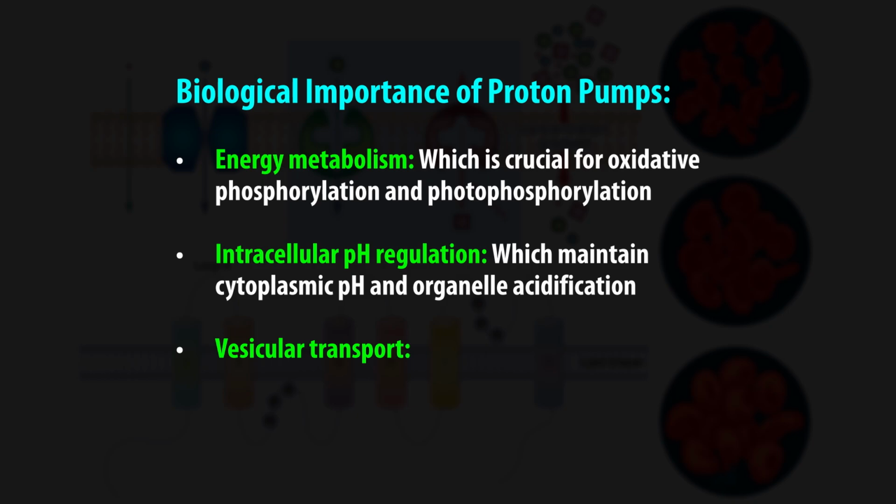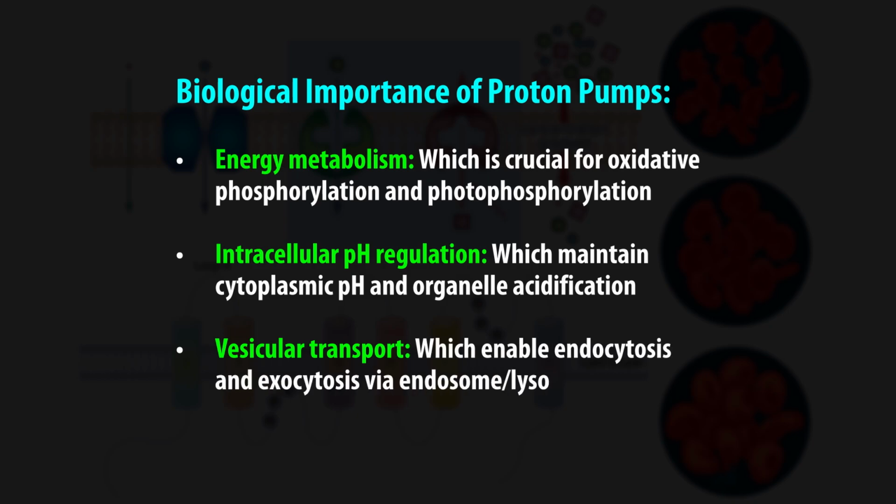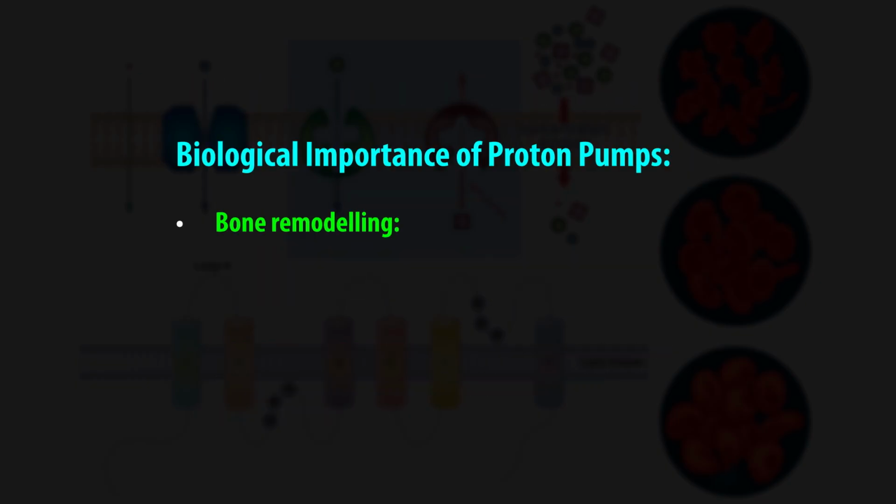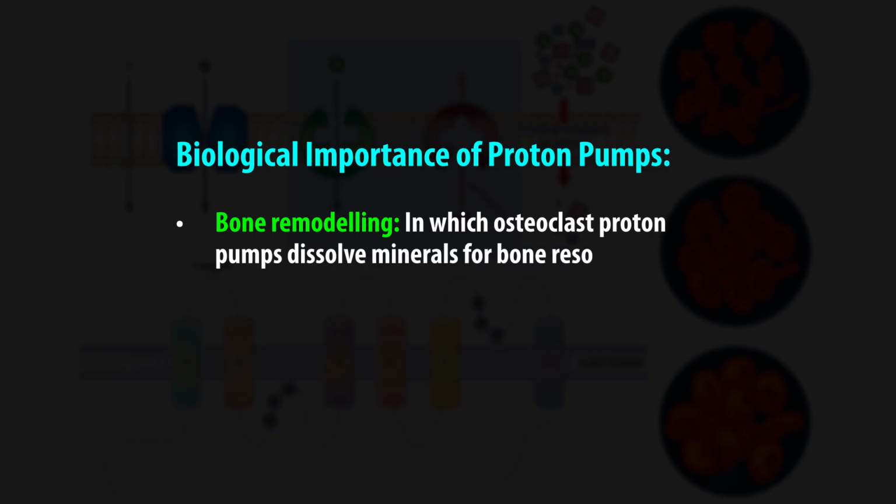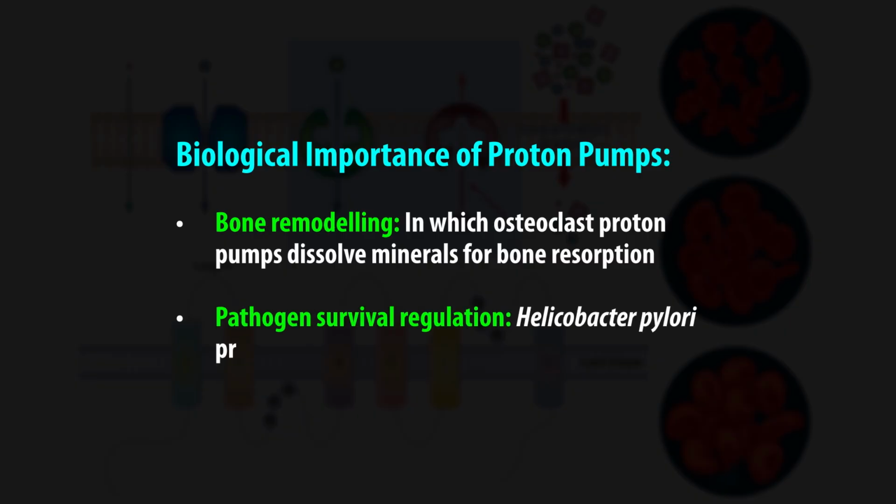Next is the vesicular transport, which enables endocytosis and exocytosis via endosome-lysosome acidification. Next is the bone remodeling, in which osteoclast proton pumps dissolve minerals for bone resorption. Next is the pathogen survival. H. pylori proton pumps resist gastric acidity.